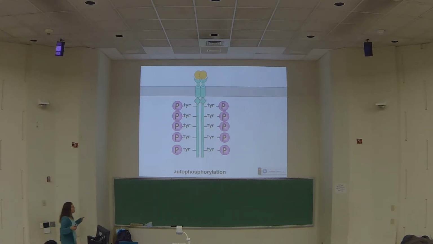So because they are phosphorylating molecules that are like themselves, we call this autophosphorylation. And this is why it's enzyme linked. So they receive a signal, they aggregate with other molecules that are like themselves, and then they phosphorylate each other so that the tyrosines on that long tail inside the cell all become phosphorylated.